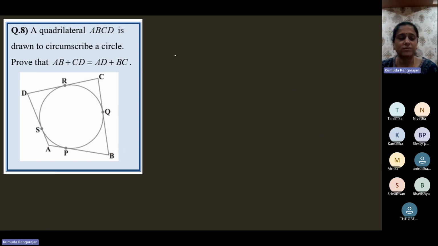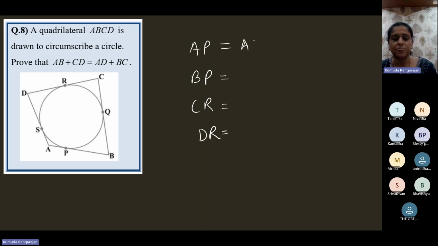So I said just break down AB, write AB as AP plus BP, and write CD as CR plus DR, and then put an equal to sign. Complete this: AP is equal to AS, BP is BQ, CR is CQ, DR is DS.